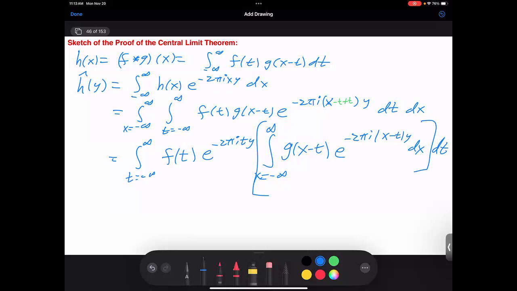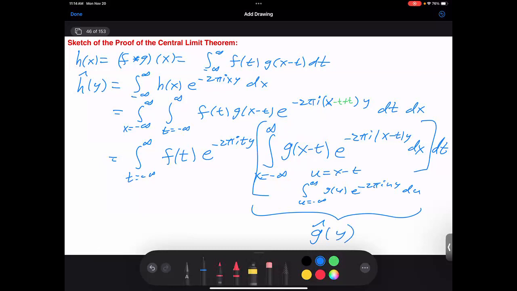So just let u equal x minus t, then you get the integral u goes from minus infinity to infinity, g of u, e to the negative 2 pi i u y du. So this piece over here is just g hat of y. What's this piece over here? This one's easier: f hat of y. So the Fourier transform of the convolution is the product of the Fourier transforms.